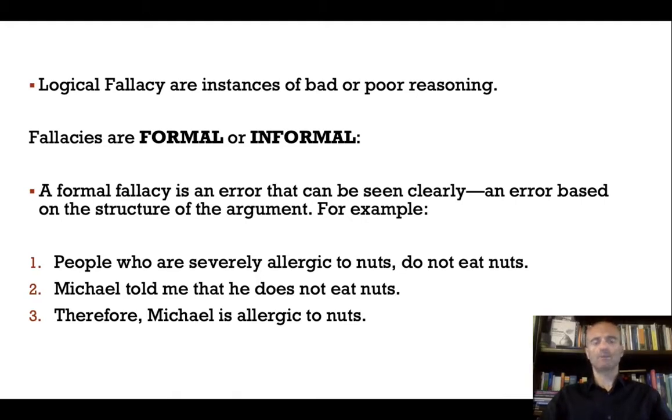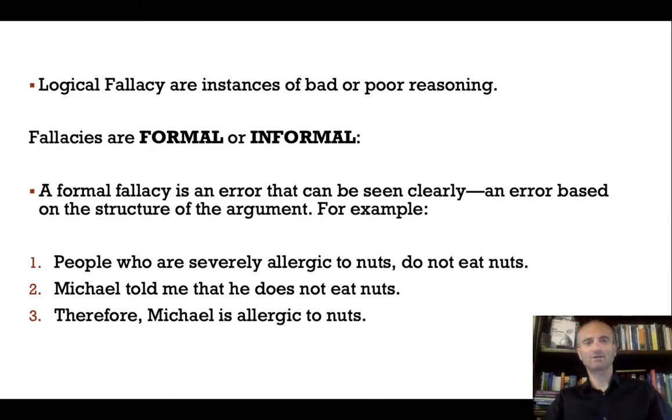Conclusion: therefore, NYU is in Manhattan. Now you notice that even if the premises are true and the conclusion is true, this is an example of an invalid argument.